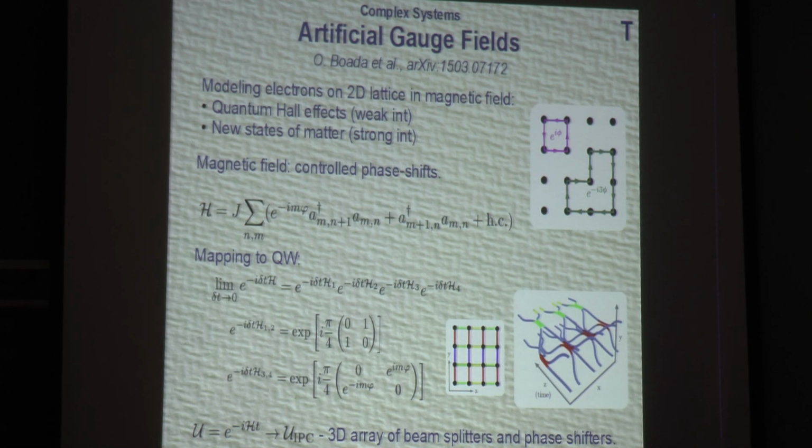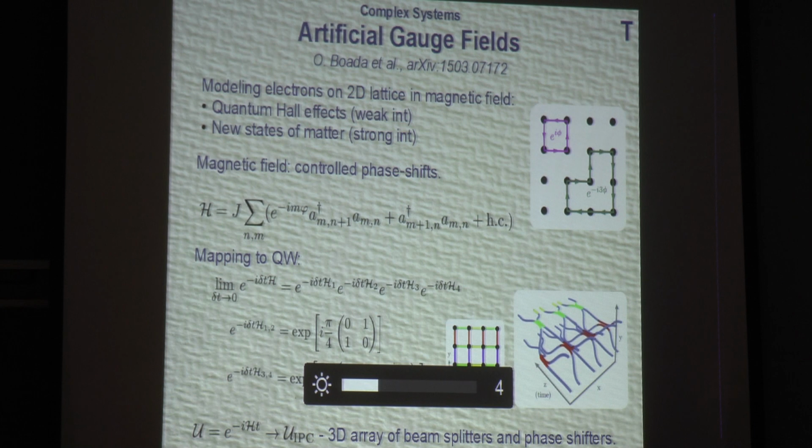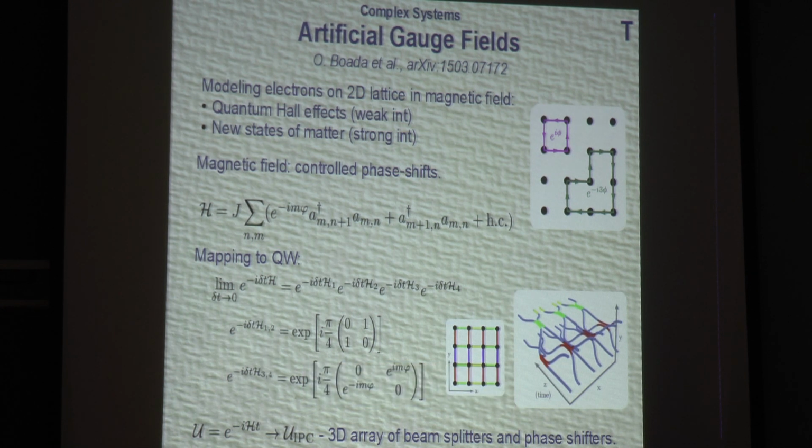Because there is no magnetic field. Because these are not gauge fields. But if I had a two-dimensional lattice, and if I put in the lattice an array of Aharonov-Bohm wires with fluxes, which I can do experimentally, the Hamiltonian for an electron propagating in that construction is exactly what you want.